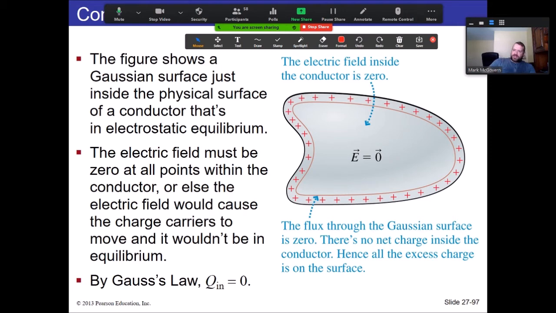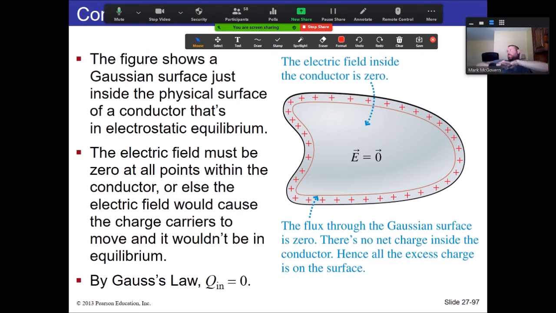Inside of a conductor, your electric field is 0. Okay? 0. Now, why? Here's why. If you have a conductor that is charged, for example, like this one here is positively charged, that positive charge doesn't just hang out inside the conductor.